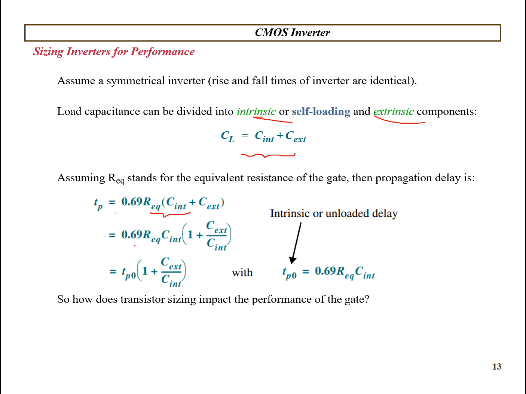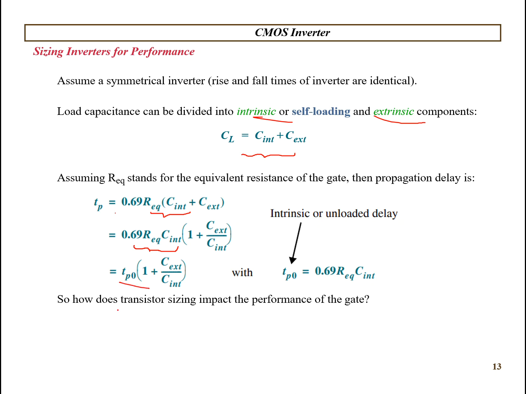And you know that this 0.69 R equivalent into C internal is the propagation delay, so this Tp naught is the propagation delay without external load, or we can say it is an unloaded delay, is it? So thus we can replace 0.69 R equivalent into C internal with Tp naught.